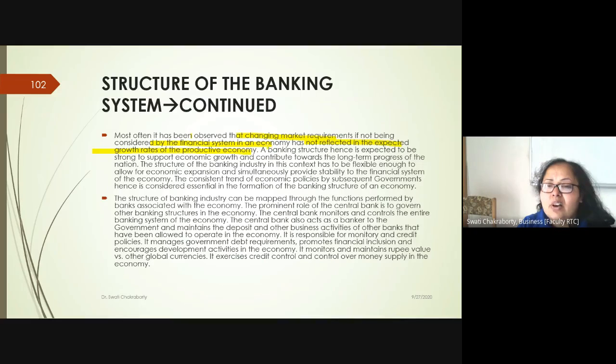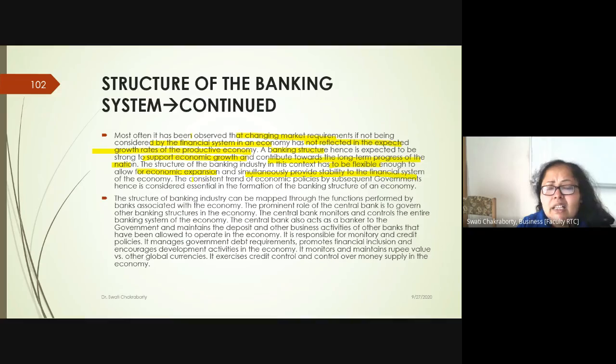So the banking structure is expected to be strong enough to support economic growth and also contribute towards the long-term progress of the nation, right? Which is why they need to be flexible enough to allow for economic expansion and also to provide stability of the financial sector of that economy, right?